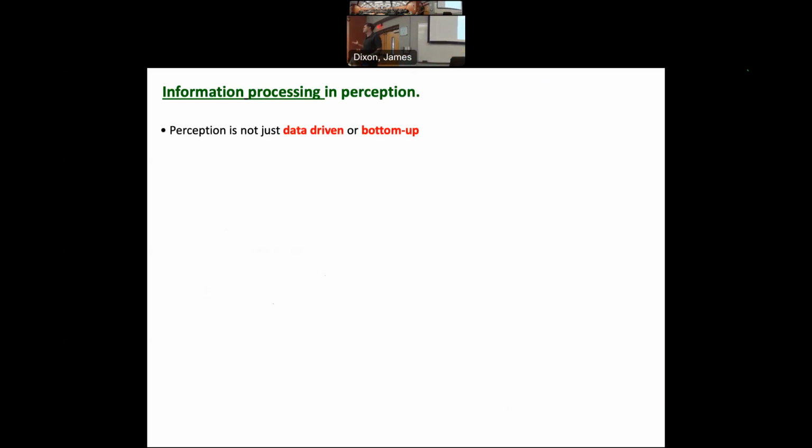So a lot of what we've been talking about so far, we would consider data-driven, or what they sometimes refer to as bottom-up processing. The idea is that you get some set of inputs, right? This all comes in at the retina, goes to the ganglion cells, goes through the optic nerve, and all along the way, little things are computed, and eventually you end up with a perception. Oh, it's a desk. Great. So that's a bottom-up kind of story.